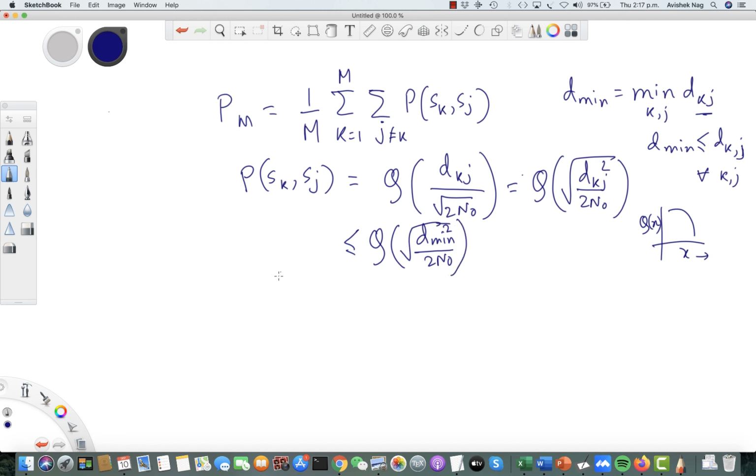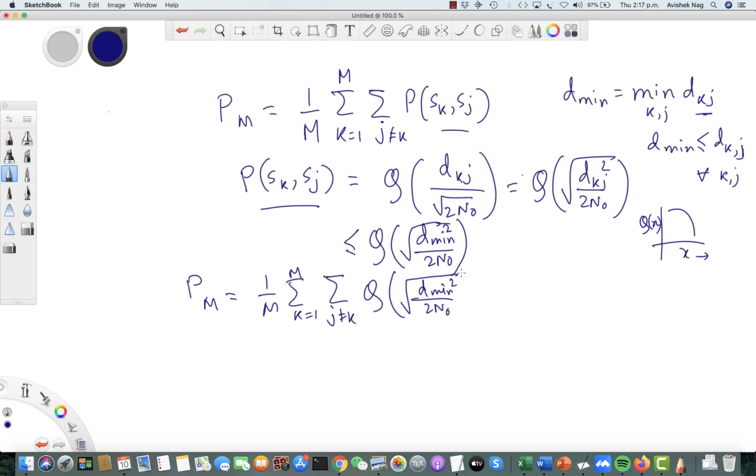So now if you plug this here, then you get Pm equal to 1 over M, sum over all M, and then you plug this value, for j not equal to k, and then you have this value d min square by twice N0.